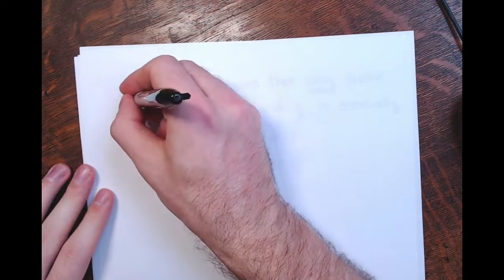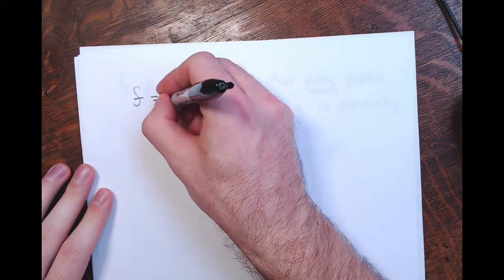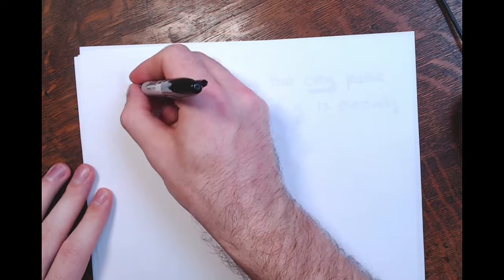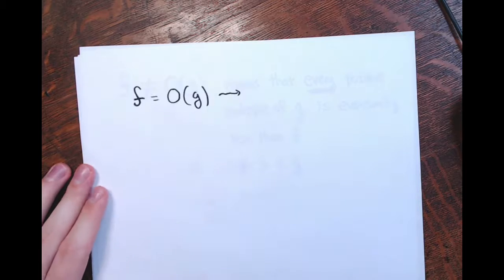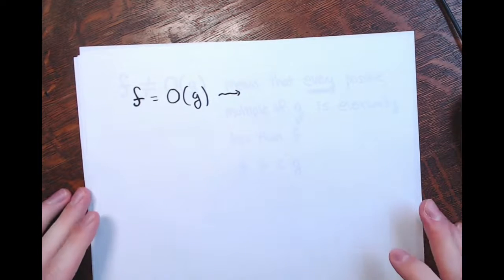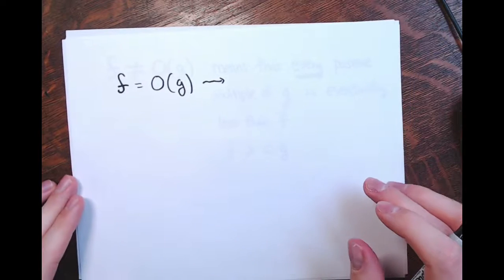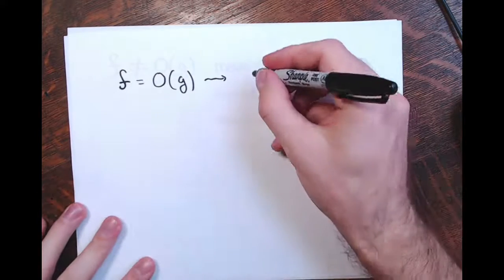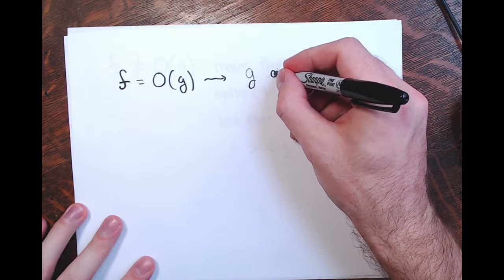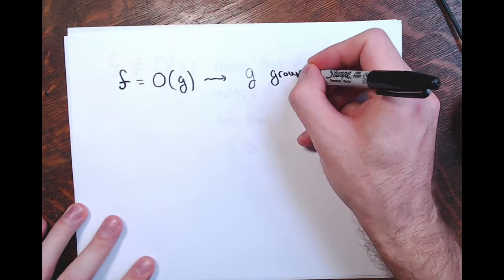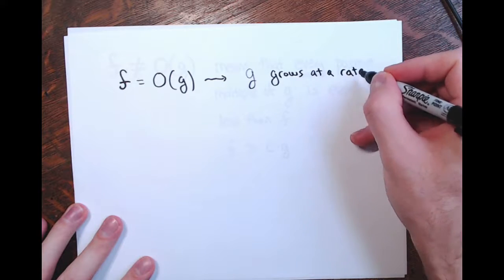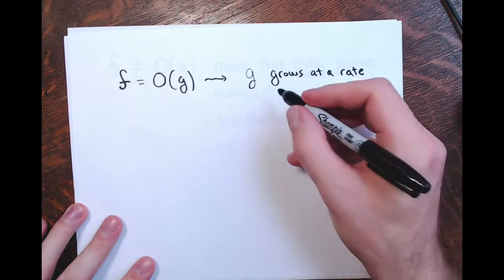So if f is O of g, that means g has a growth rate equal to or greater than f. G grows at a rate equal to or faster than f.